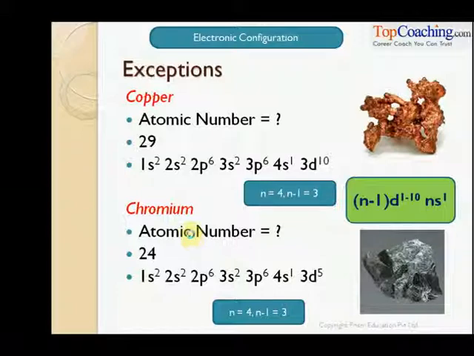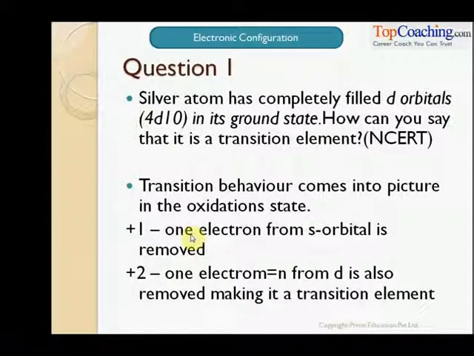Question here: silver atom has completely filled d orbitals, 4d10, in its ground state. Then how can you say that it is a transition element? This is a question from NCERT. Well, in ground state, silver does have completely filled d orbital, but in the oxidation state, in an excited state, the d orbital is not complete.